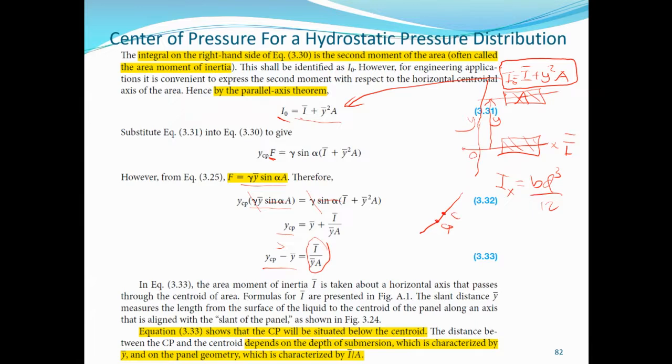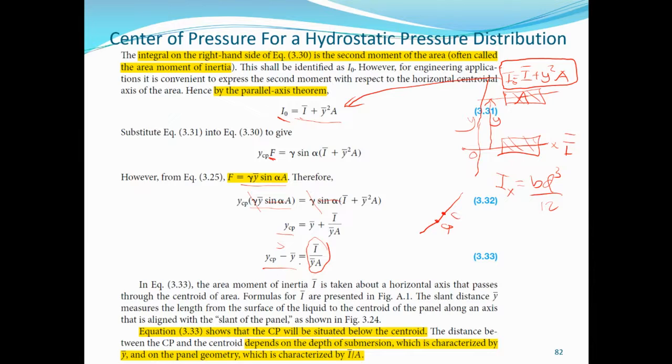That is what this equation means. And the center of pressure is dependent only on the geometry of the surface, that is dictated by the area and the moment of inertia, and the depth of submersion, that is y bar, the depth to which it is immersed in water.